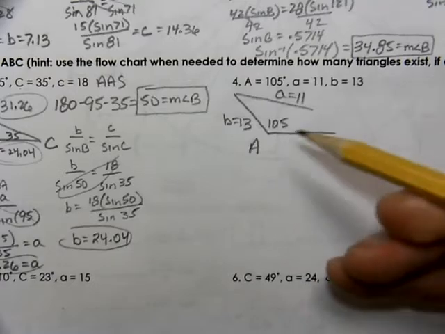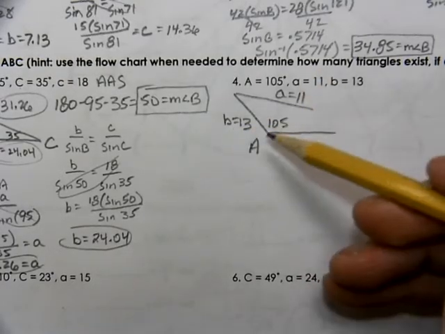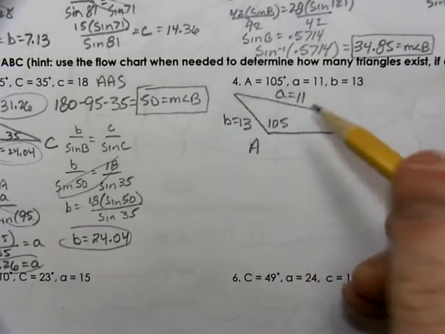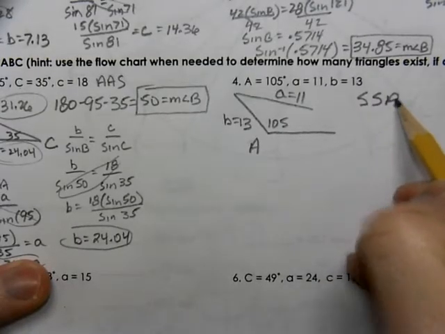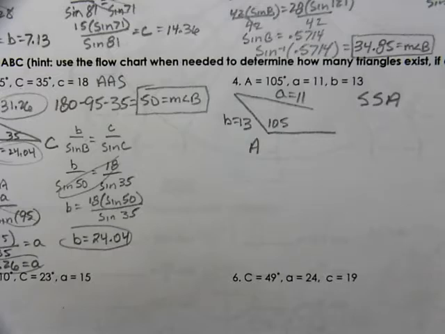Now notice here that they give us this angle side, or we like to call it side angle. Remember, with scenarios of side angle, we do have the chart that we follow to verify how many triangles that we have.